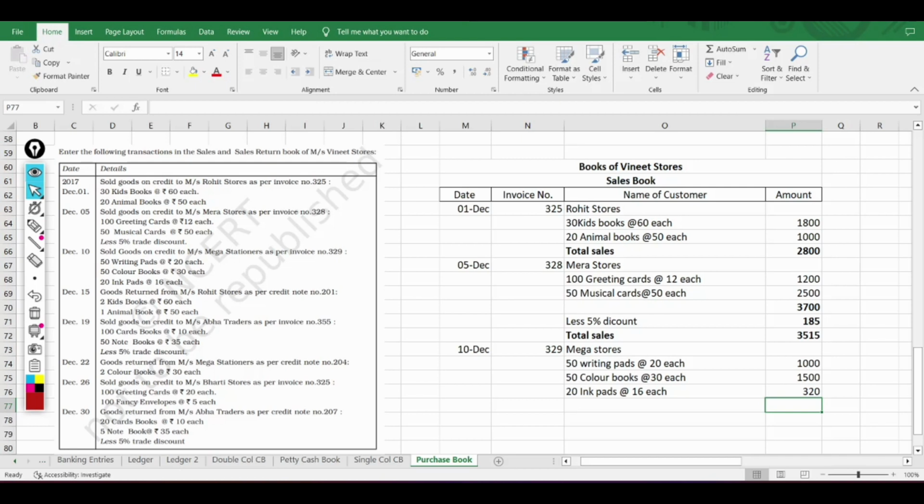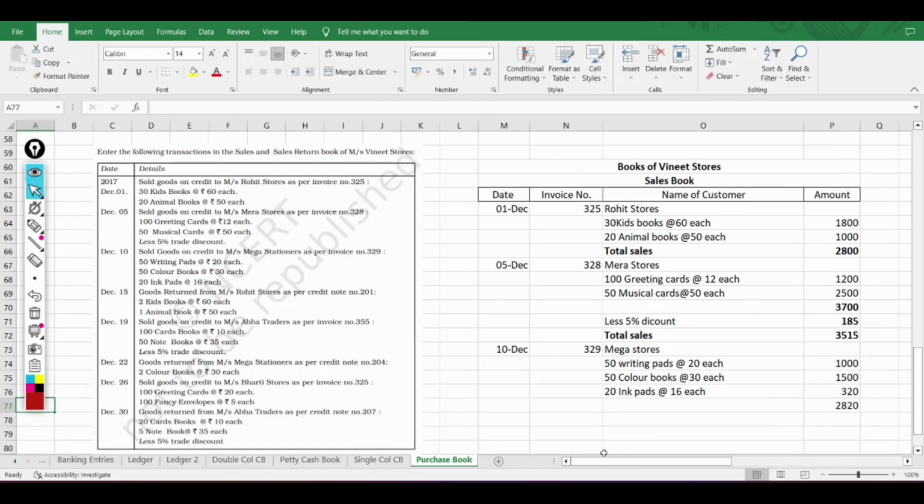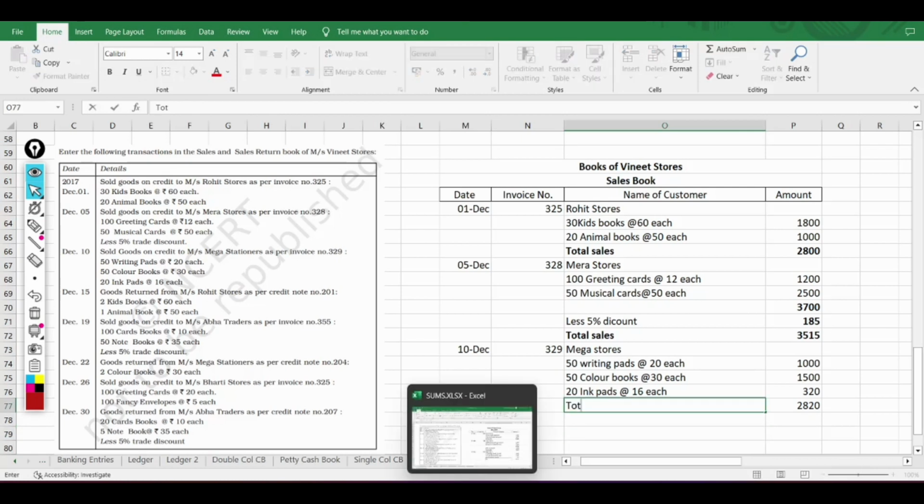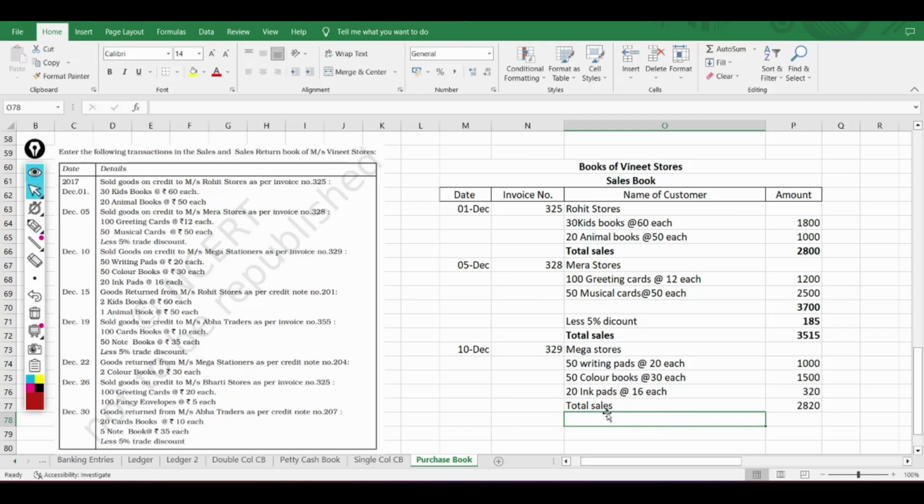Here total will be 2820 for Megha stores. So for Megha stores, our total sales is rupees 2820. Next, on December 15th, it is a goods return transaction.